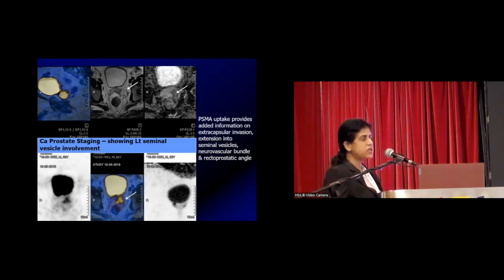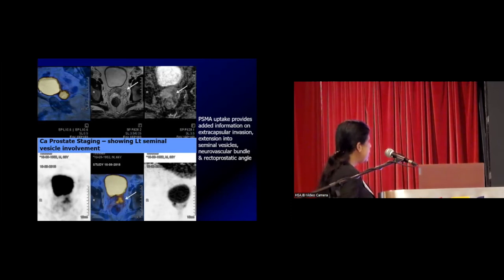So just to cite certain examples for prostate malignancy, this is a patient who is undergoing a whole body PSMA PET-MR for recently diagnosed CA prostate, and here we can see that the arrow is pointing to the seminal vesicles.